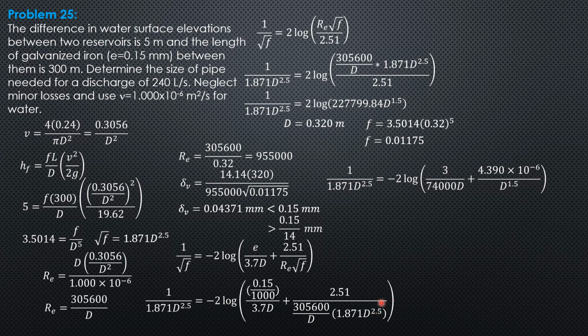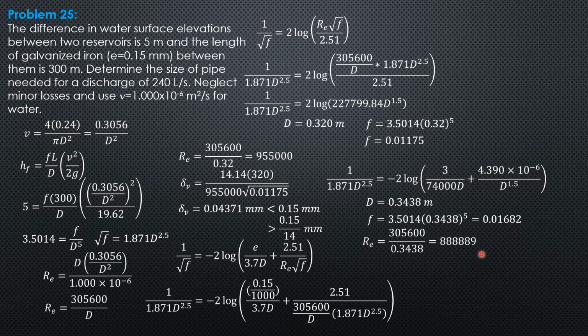D to the 2.5 over d is d to the 1.5. So using the high-tech calculator again, it's not difficult to iterate d. So d is 0.3438 meter. Then let's compute friction factor based on this new d. f is 3.5014 times diameter 0.3438 to the fifth, so it is 0.01682.